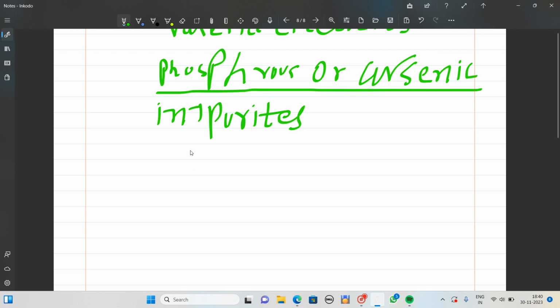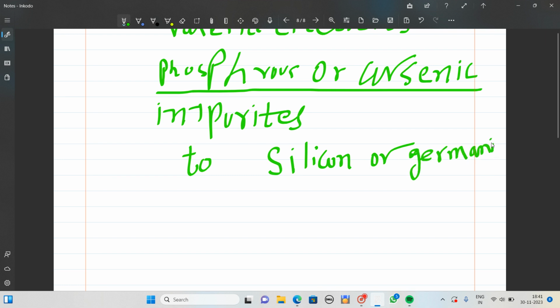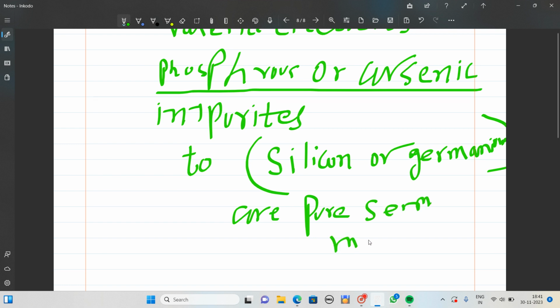They are added to silicon or germanium, which are considered pure semiconductor materials.